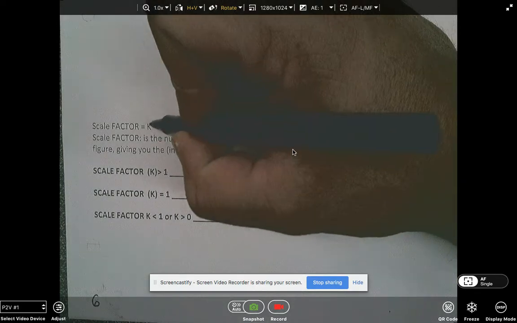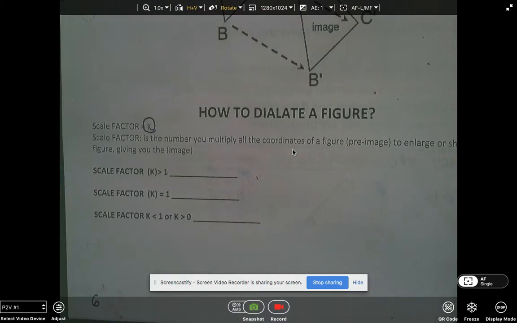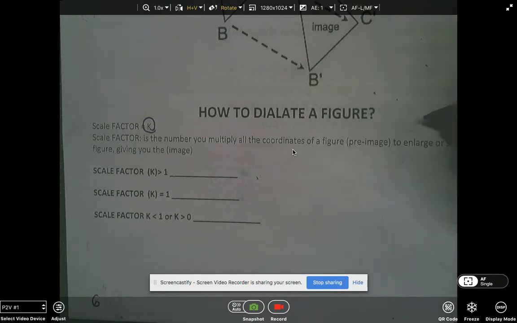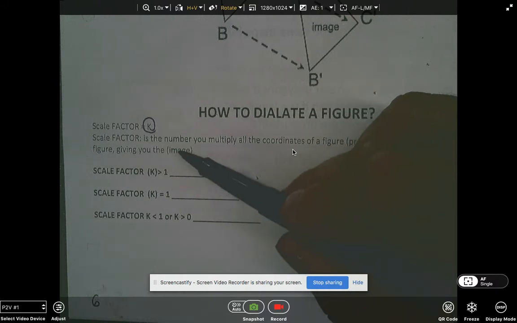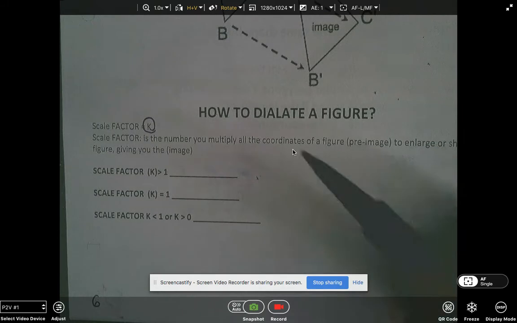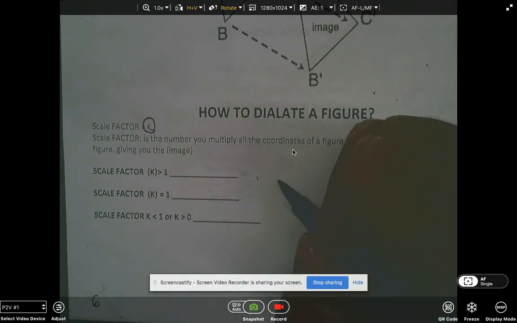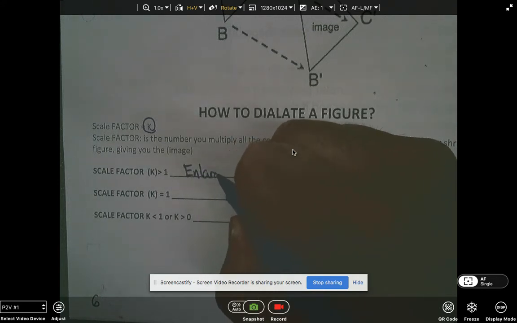Scale factor, in math, we use the letter K. Scale factor is a number that you multiply all the coordinates of the pre-image by to enlarge or shrink it, giving you the image. Going back to the video you just watched, if K is greater than 1, what's going to happen to the figure? It's going to enlarge.